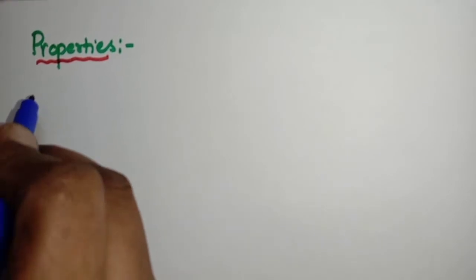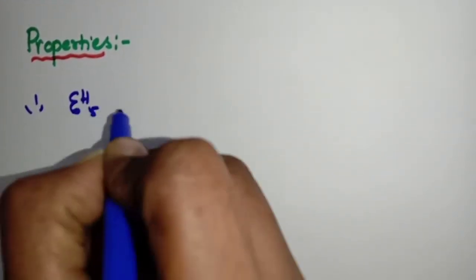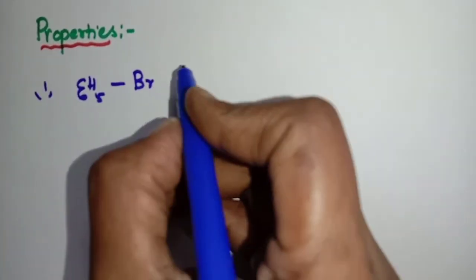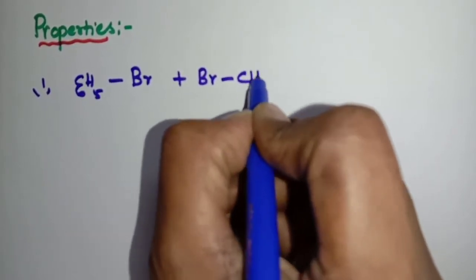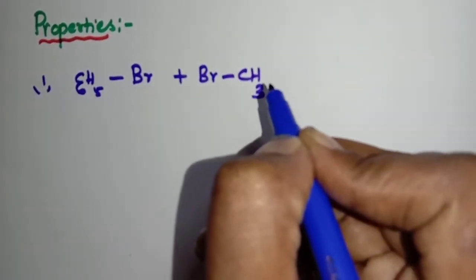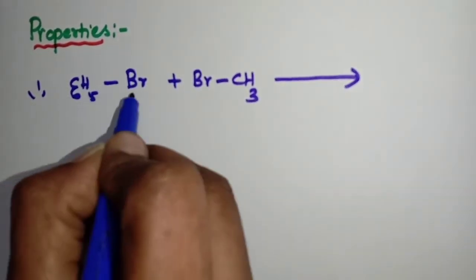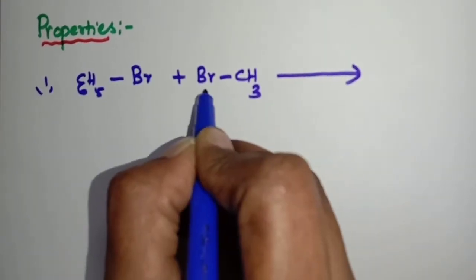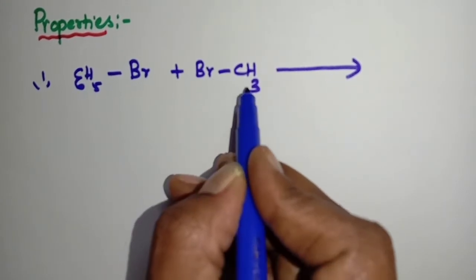So first chemical property of aryl halides, taking C6H5Br. What is this? Bromobenzene plus CH3Br. Okay. Bromobenzene or phenyl bromide, methyl bromide. Or bromobenzene or bromomethane.